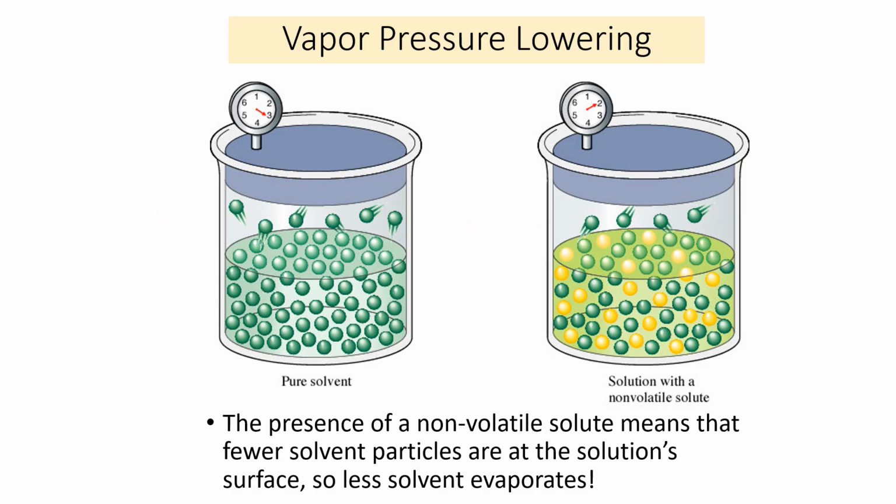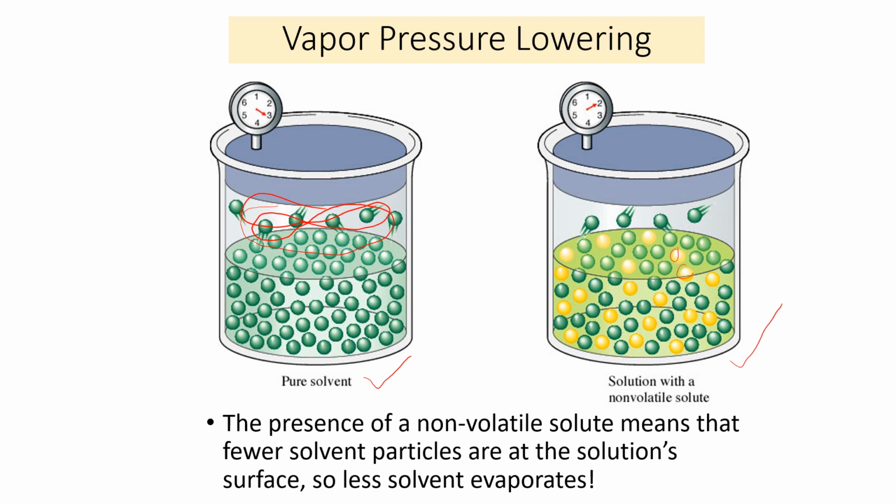Vapor pressure lowering means that we want to reduce the current vapor pressure exerted by a pure solvent. Let's say here we have a system of pure solvent in a closed system. The solvent evaporates, so we have a very high vapor pressure. And then here we have a solvent which has already been added with a solute, the yellow one.